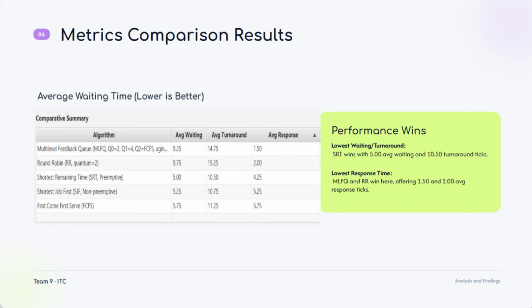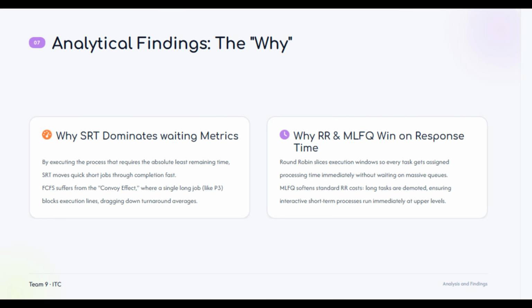for newly arrived processes. The next part is about analytical findings, or we can call it the why. So now let's look at why these algorithms perform differently. Firstly, SRT reduces waiting time because it always selects the process with the shortest remaining execution time, and this allows short processes to finish quickly instead of waiting behind longer ones, reducing both average waiting time and turnaround time.